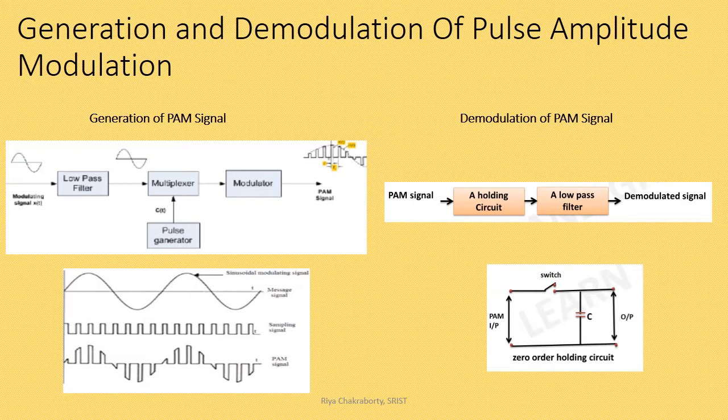Pulse amplitude modulation may be defined as that type of modulation in which the amplitudes vary according to the instantaneous value of the modulating or message input. In fact, the pulse in a PAM signal may be of flat top type, natural type, or ideal type.